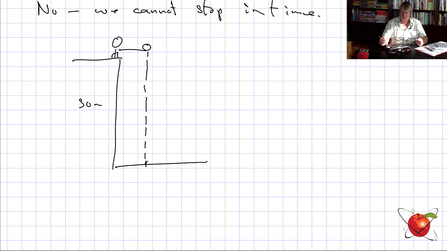Now let's put in what we know. This is point A, this is point B. At point A, the ball has an initial velocity equal to 0. At point B, velocity is equal to V final.